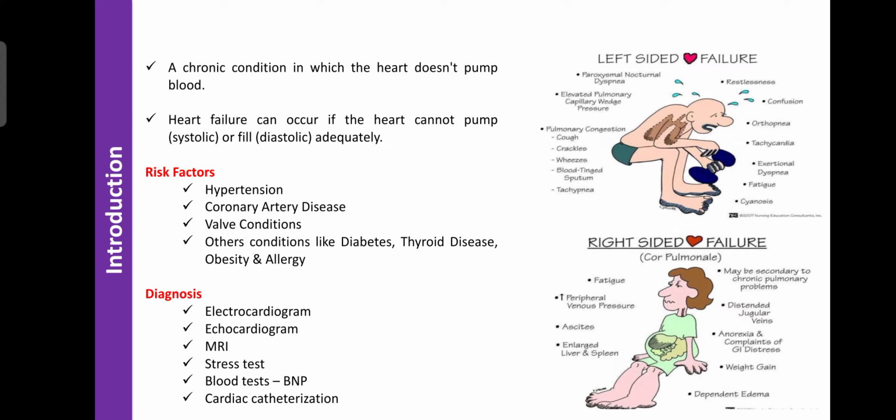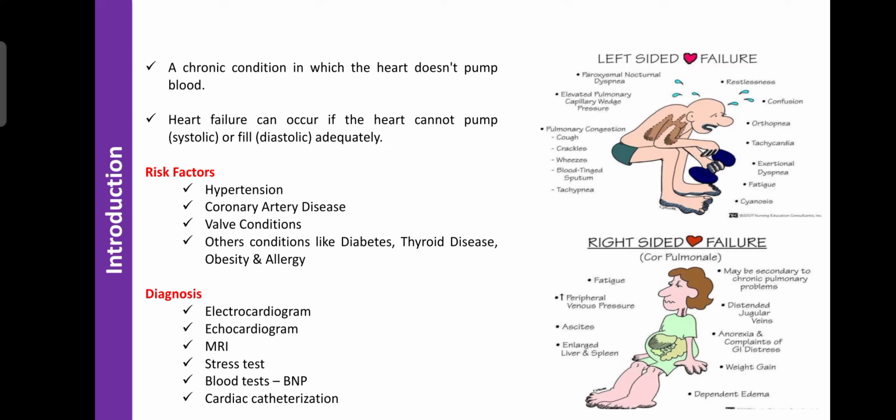Those are also responsible for causing congestive heart failure. So regarding the symptoms, in left side heart failure, the main symptom is cyanosis, because the left ventricle contains the pure oxygenated blood, and the left side of the heart plays an important role in supplying pure, oxygenated blood.